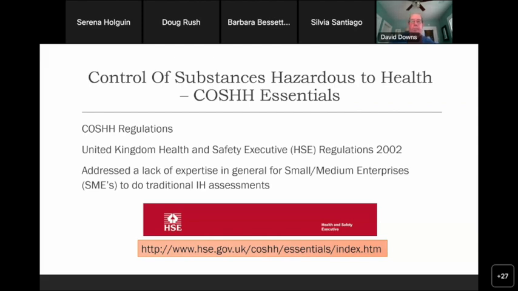They recognized that for the majority of enterprises caught up in that requirement, there was a lack of expertise among small and medium enterprises to do traditional industrial hygiene assessments. So they started working on putting together some tools and approaches to help these smaller organizations do an industrial hygiene risk assessment.